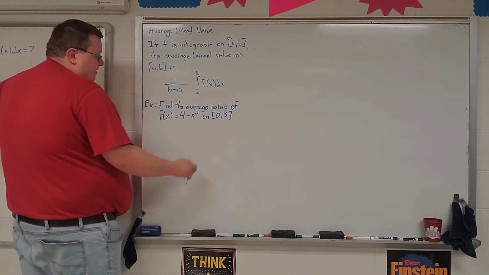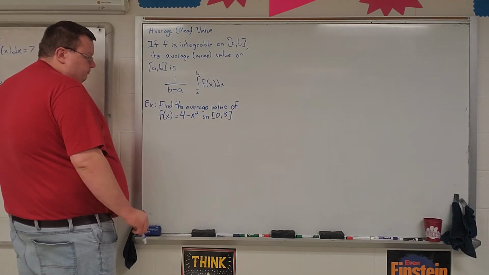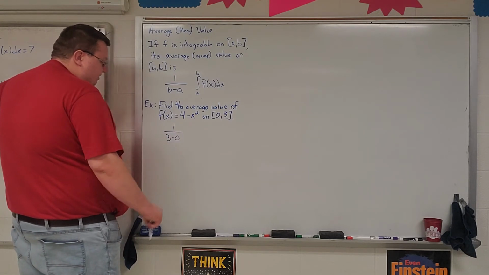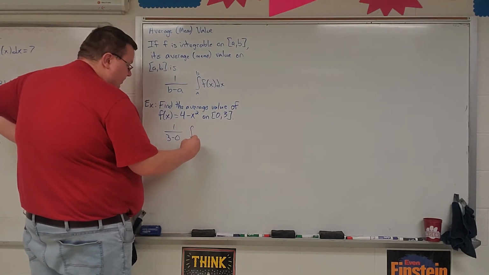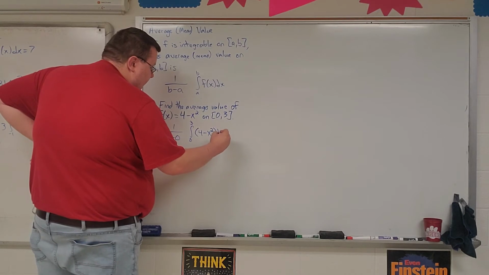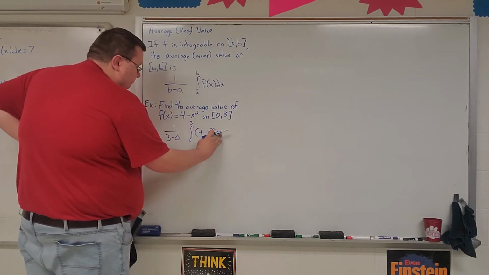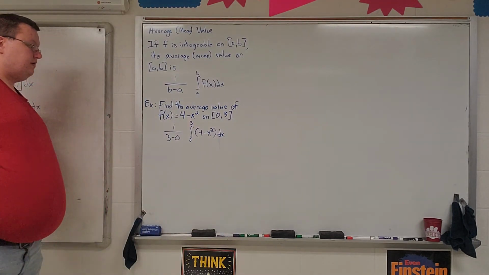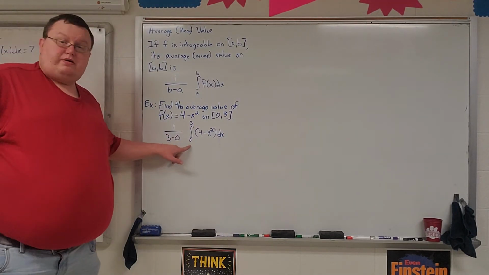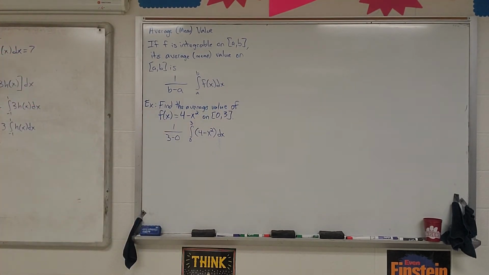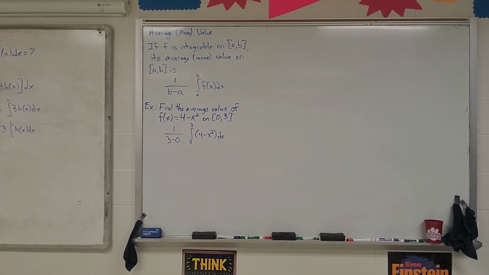Here's my a and my b. So I'm going to have 1 divided by 3 minus 0 times the integral from 0 to 3 of 4 minus x squared dx. And for now, since we don't know how to do this out analytically, we'll use the calculator to do the numerical integral for that function right there.